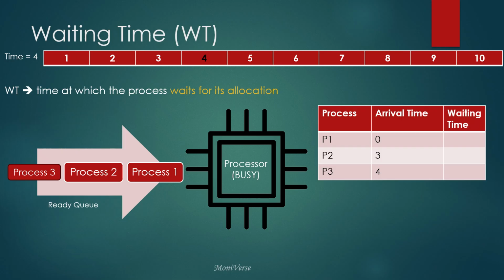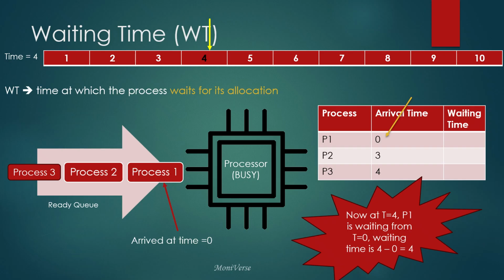Now we are going to study waiting time. Let us consider the time as 4 and process 1. Process 1's arrival time is 0. Considering the time as 4, what is the waiting time of process 1?